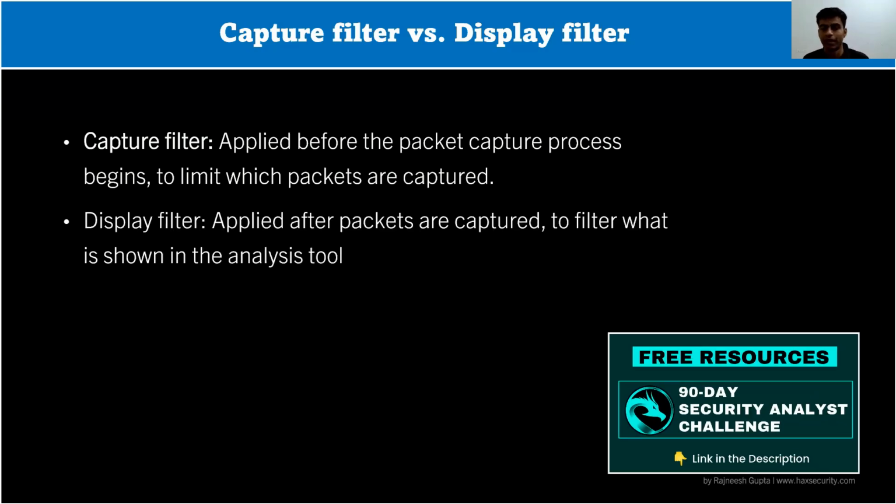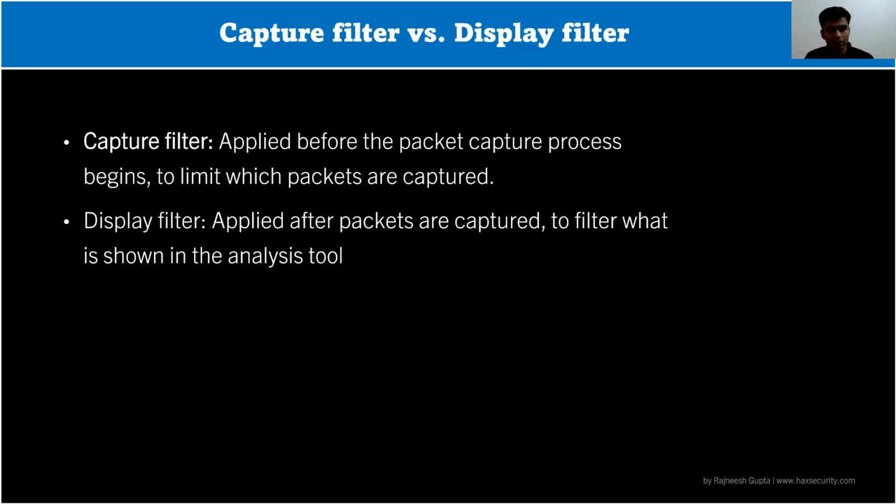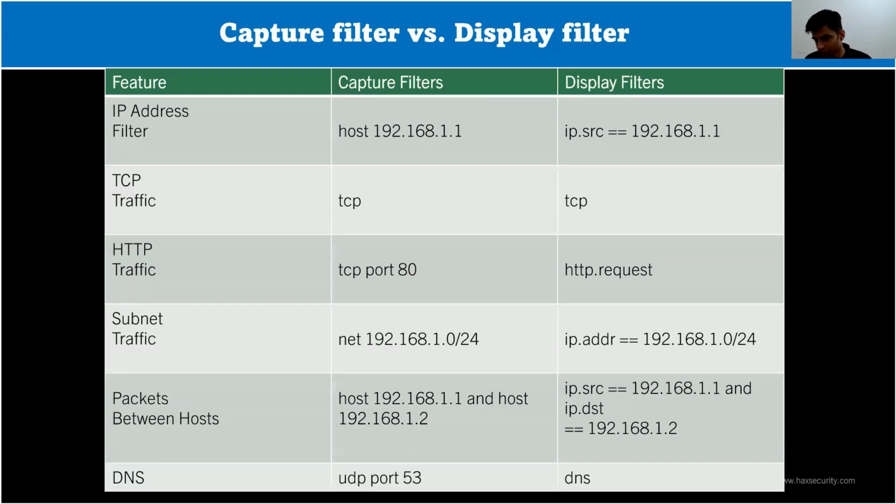A display filter is applied after the packet capture starts. Okay, so not much more difference. Again, it is a difference in how the commands or the filter types are. Okay, for an example, if I want to search for DNS traffic, then for the capture filter, you have to give the filter type as UDP port 53.